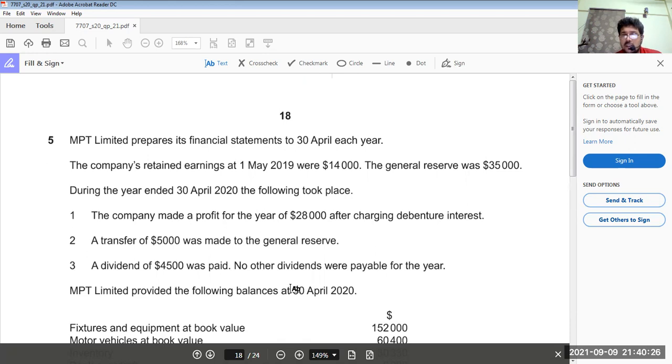Now it means this is earning after interest. 28,000 is our profit, but this is not profit from operations. This is total earnings after interest on debenture. Transfer of 5,000 was made to general reserve. A dividend of $4,500 was paid. No dividends are payable for the year.